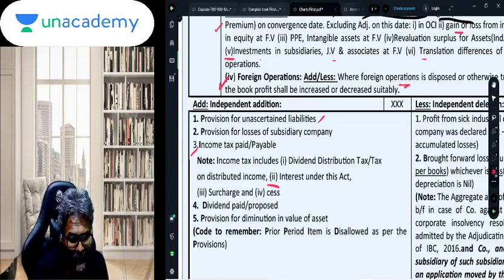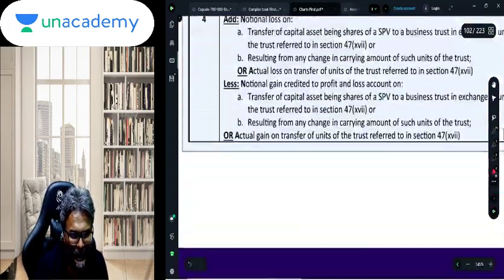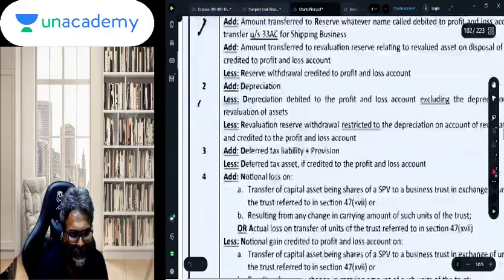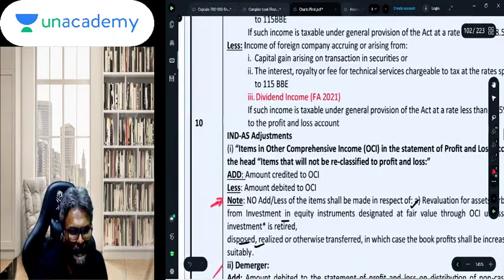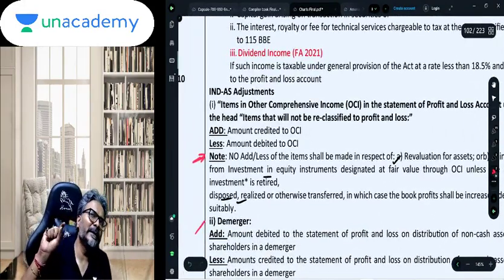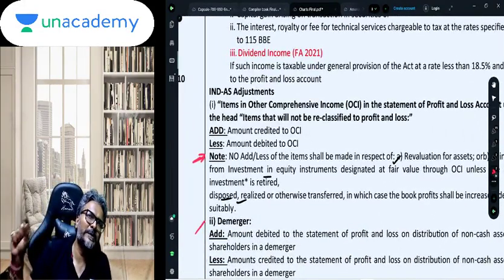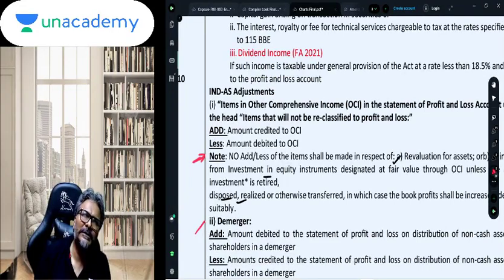By the way, students, I just forgot one important point, and that point was, in one of the examinations, on Ind AS, what they have said was like this. Be careful. They have said that the profit computed as per 115JB subsection 2 is rupees 50 lakhs. And thereafter, they have given you the Ind AS adjustments.